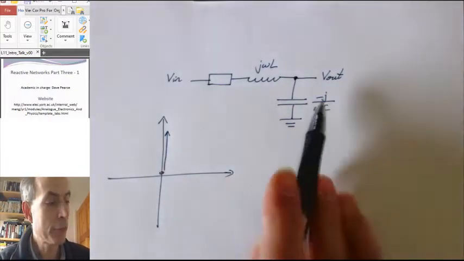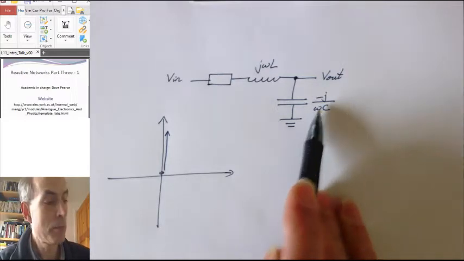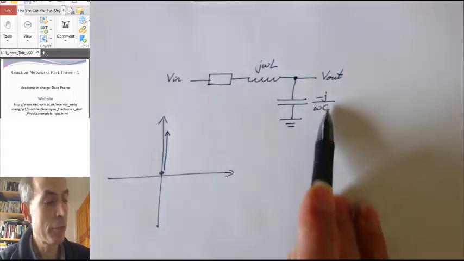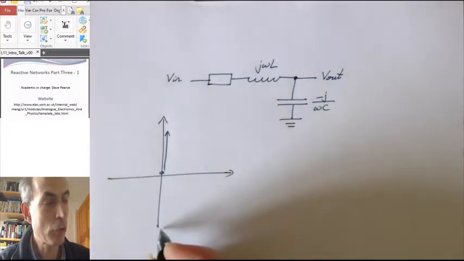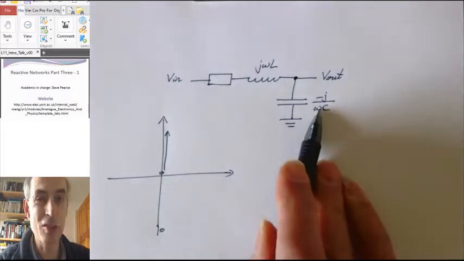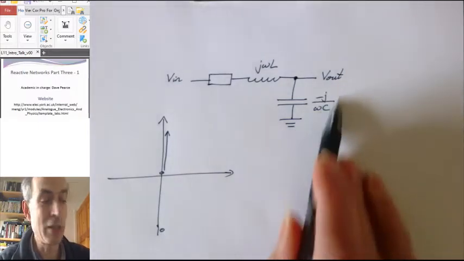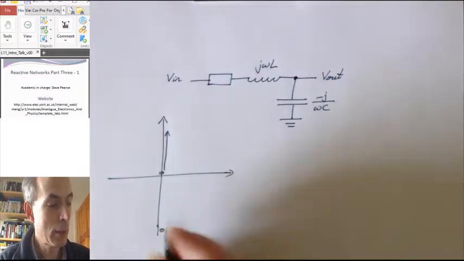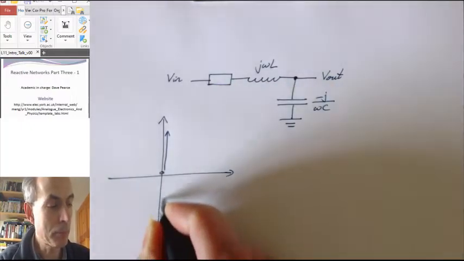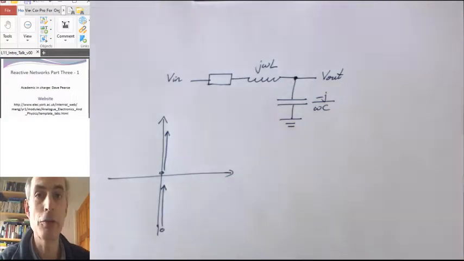However, at very low frequencies, the impedance of the capacitor is a very high value and it's negative imaginary. So it would start off all the way down here, and as the frequency increases, the magnitude of this impedance will decrease, but it will remain negative imaginary. It will start moving up here at higher frequencies.